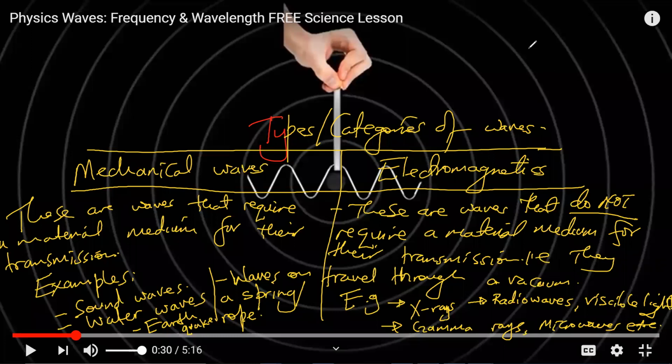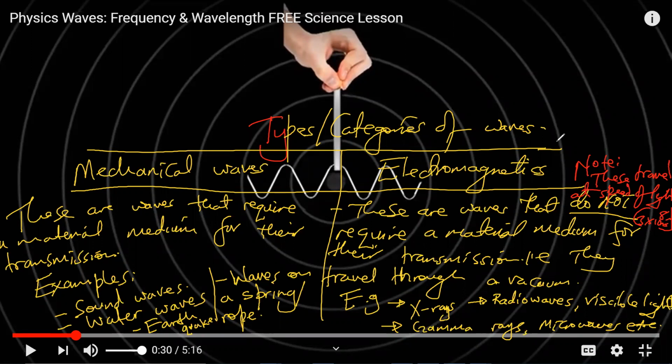And one thing that we need to remember always, it is going to be a trick. Let me just put it here as a note: these travel at the speed of light. That is 3 times 10 to the power 8 meters per second.